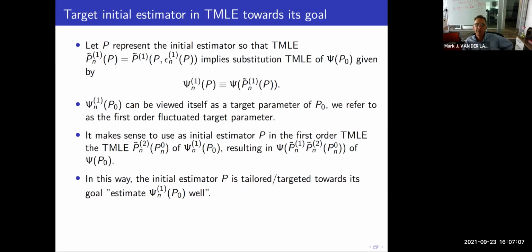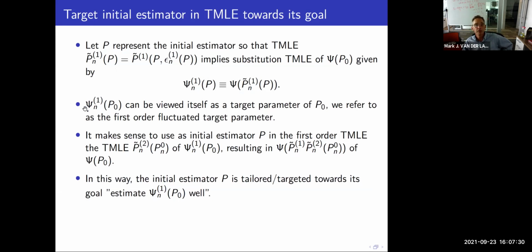Its purpose was not estimating the density. Its purpose was that it's going to be used as a plugin. So you do the TMLE update of that initial and plug it in Psi. So it's like a new plugin parameter: this Psi evaluated at the TMLE update when you use as initial P.